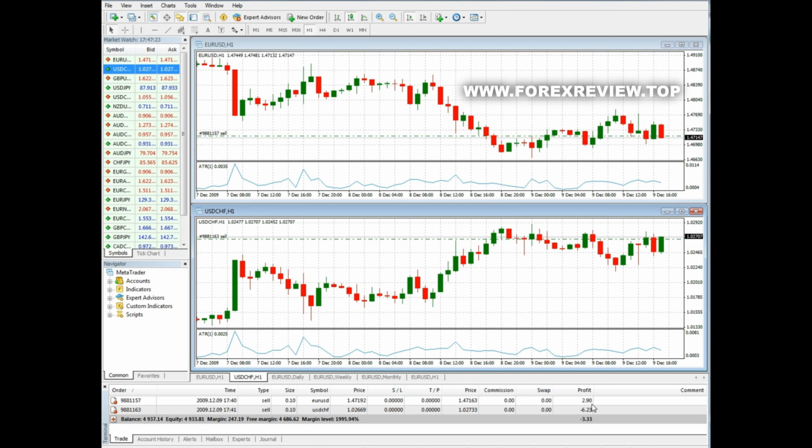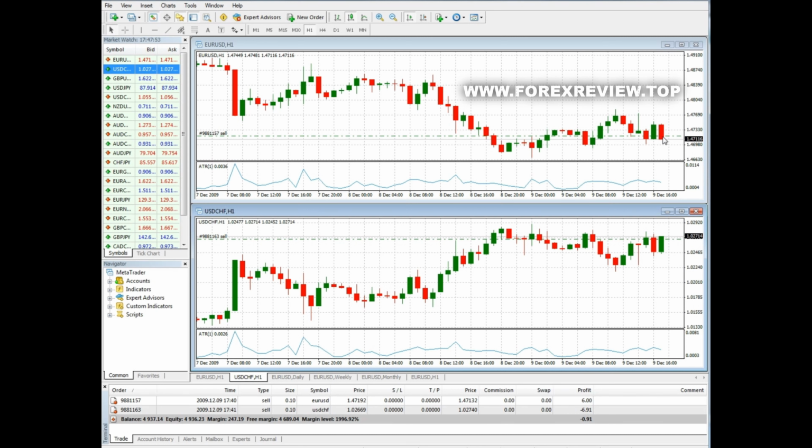And when it moves into a profit, then you might want to sell the US dollar Swiss franc, and that will actually help to protect some profit, because if you sold it and this is moving down, then if it goes back up, the euro dollar US dollar is moving against you.